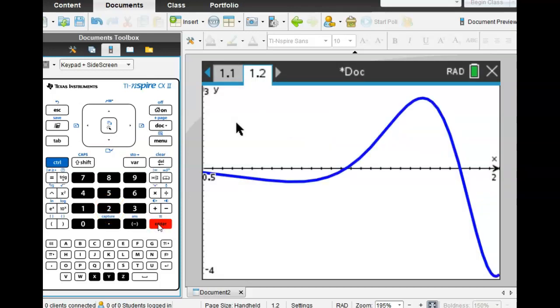I put in 2.5 first because that's what the picture looked like, but I went back and changed it to 2. All right, we good? Everybody have something that looks like this?